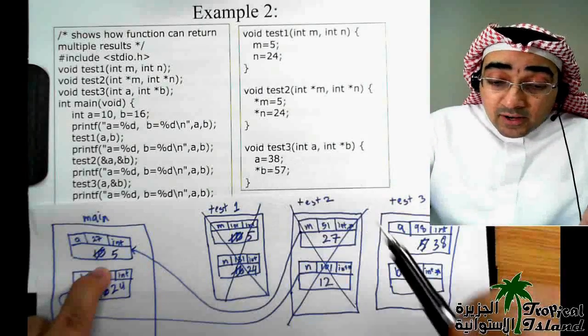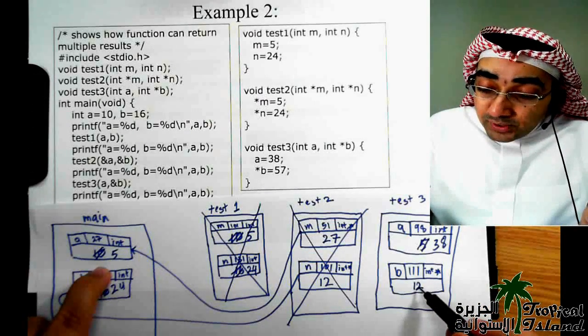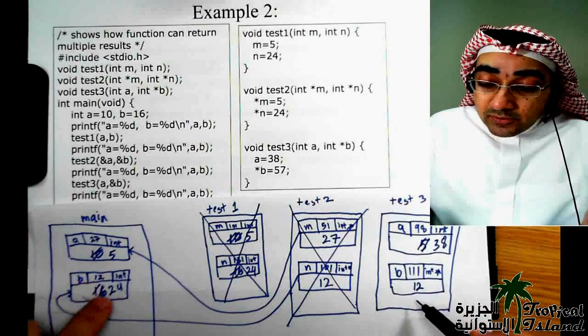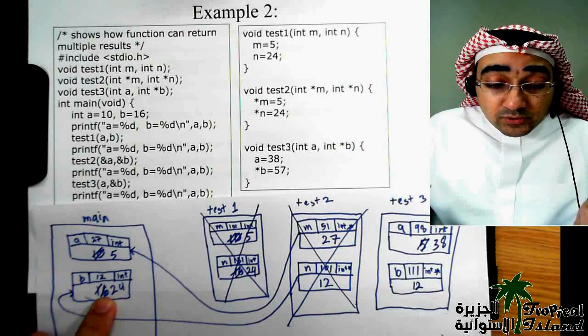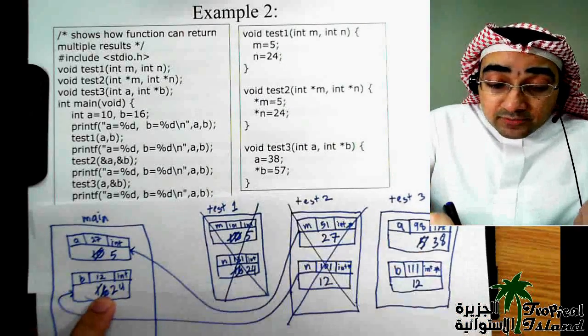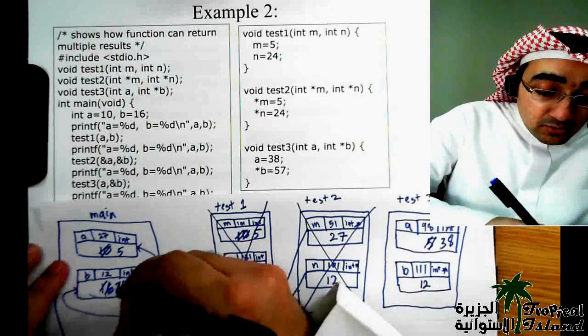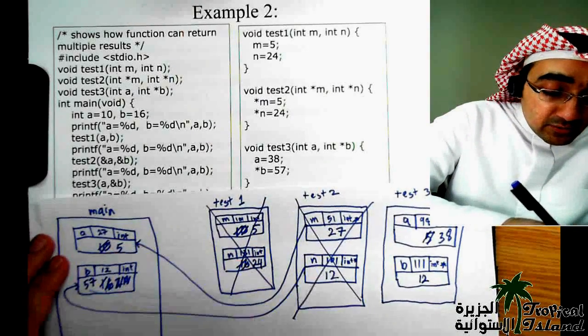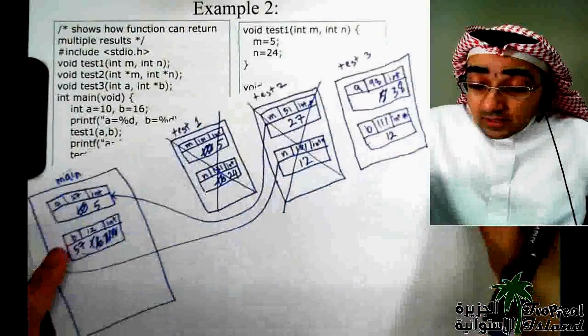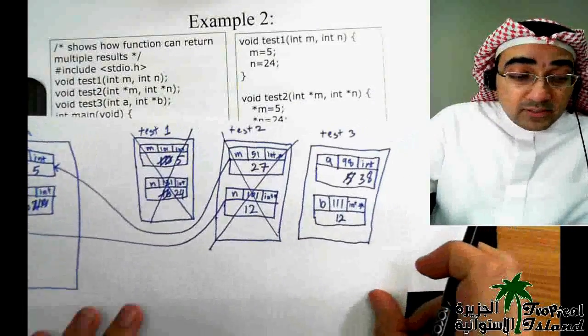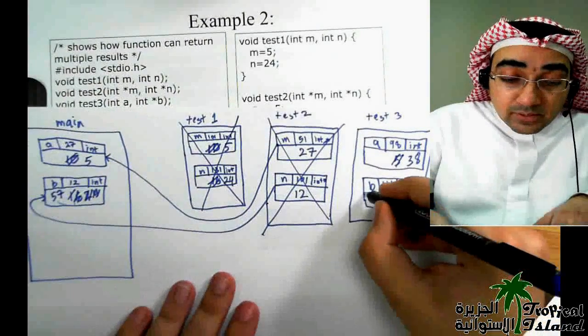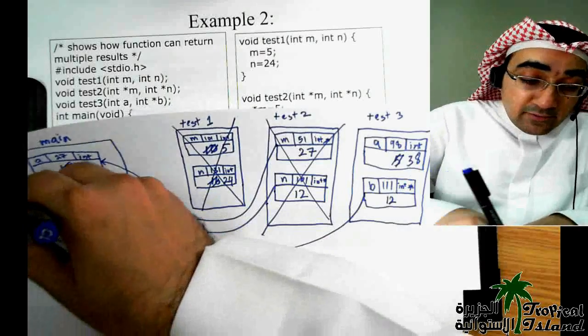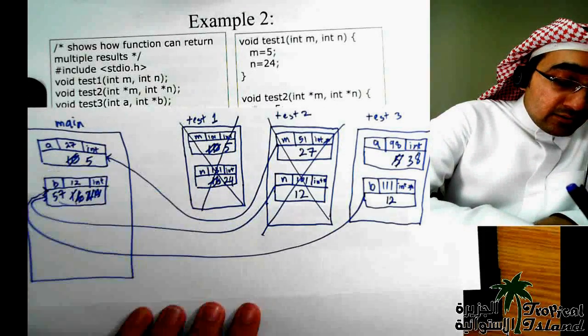The other variable is pointer to B. When I have pointer to B, I am actually pointing at memory address number 12. Memory address number 12 contained 24. So I'm saying the pointed value by B is equal to 57. So I'm going to delete this, and I'm going to put 57 over here because, if I just move this a bit over here, this B is eventually pointing here.